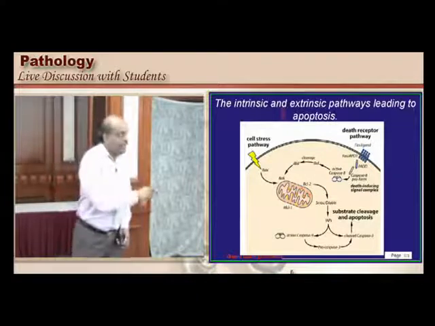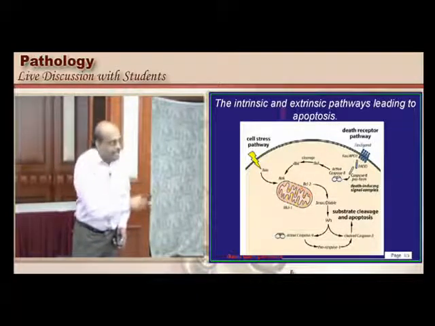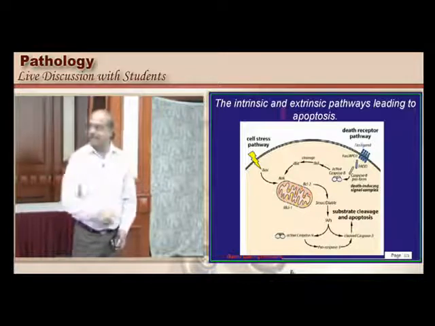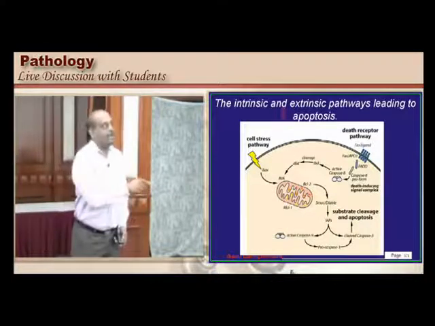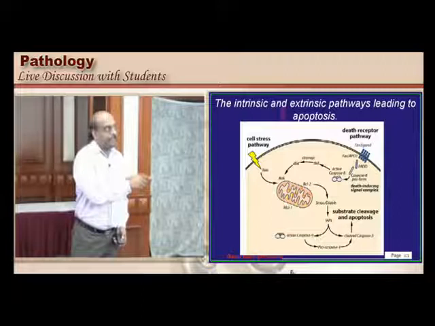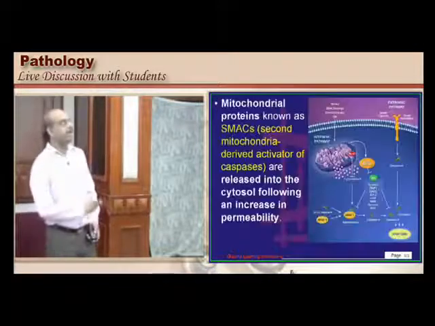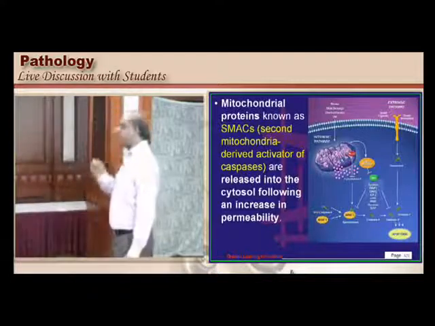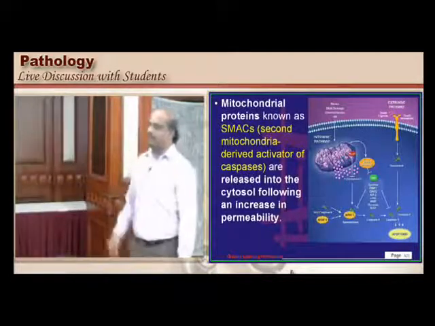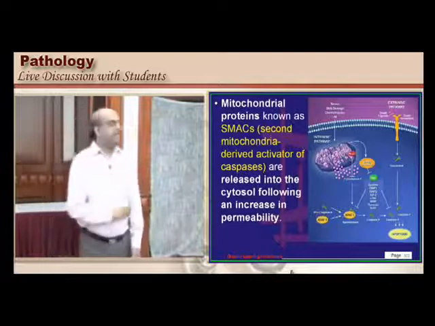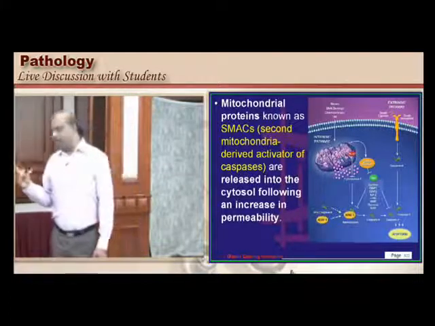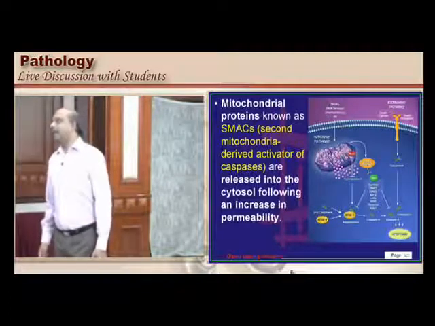The mitochondrial leakage leading to release of the SMACs and initiating apoptosis is called intrinsic, and the expression of the death receptor pathway is called extrinsic in apoptosis. Now let us talk about this intrinsic path where mitochondria are involved. Once a cell is destined to undergo apoptosis, what will happen?